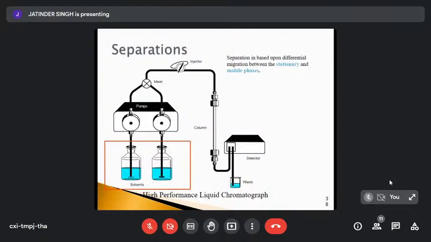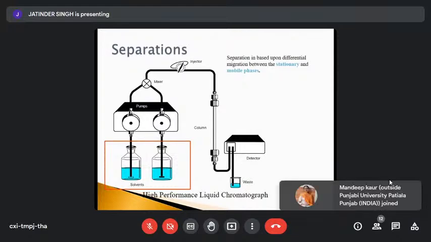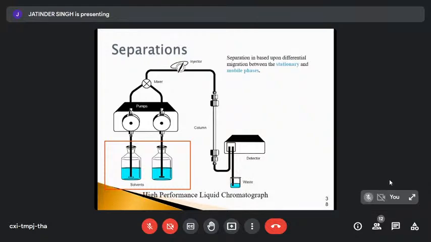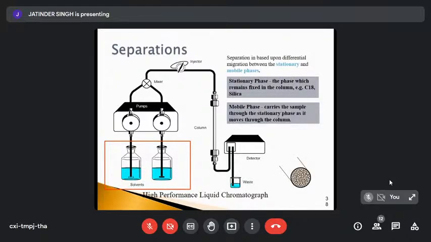Now, how does the HPLC work? I told you there is a solvent, and from this solvent there is a pump, and there is a column and a detector, and the detector is connected to the data evaluation system, that is a computer or software that analyzes the data. The separation is done in the column, and the column is a stationary phase.